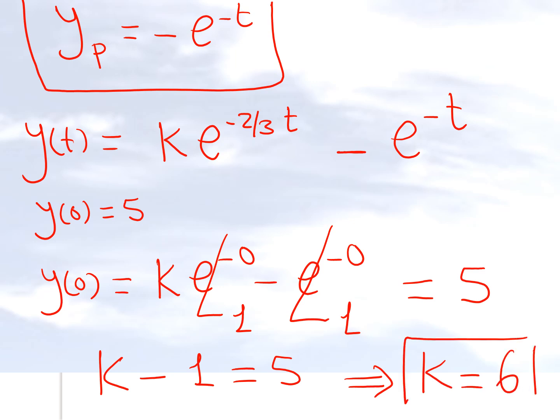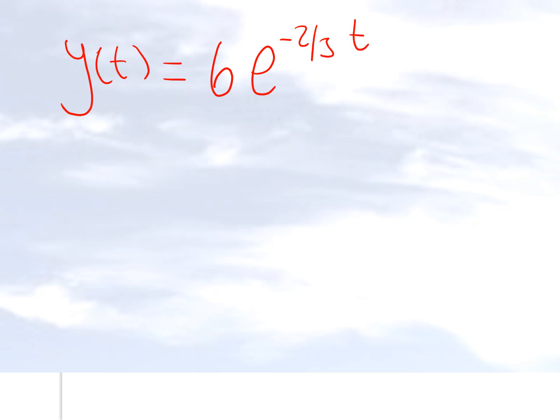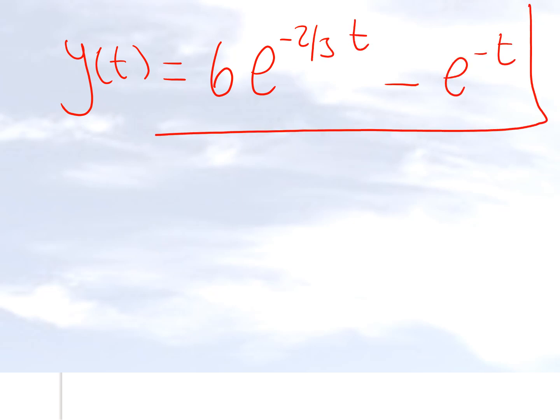So now we have our solution for k using the initial condition. Now we can complete our solution. y of t is equal to k, which is 6, times e^(-2/3 t) minus e^(-t). And this completes the solution for this first-order differential equation.